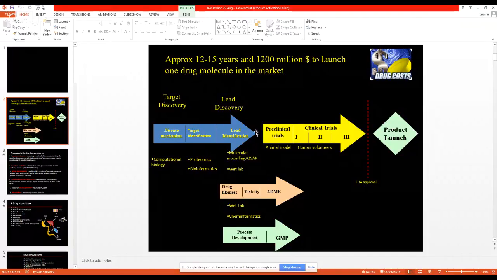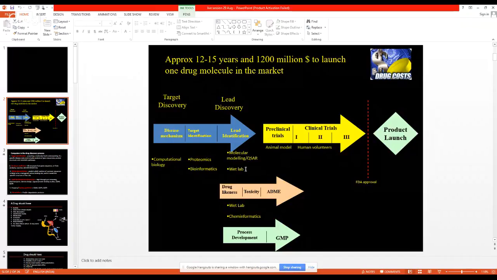My course is generally covering this portion: lead identification, lead optimization, drug likeness property. So when we talk about drug, generally small molecules, which go and bind to the target. So the focus of this course is generally here. Can we use computational tools to predict some of these properties?